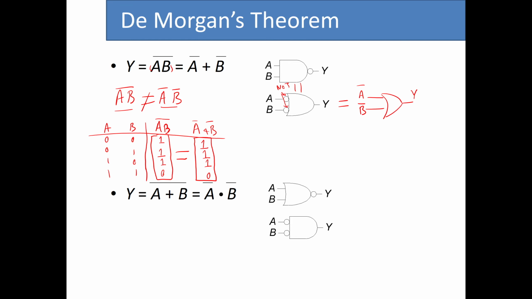For the dual, what we did was that anywhere we had an AND, we replaced it with OR, and anywhere we had an OR, we replaced it with AND. You can easily verify the two sides of the dual of De Morgan's theorem using perfect induction as well, and I highly suggest you do that. There are other ways that you can prove this as well.